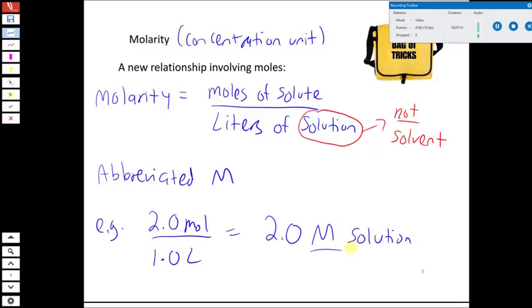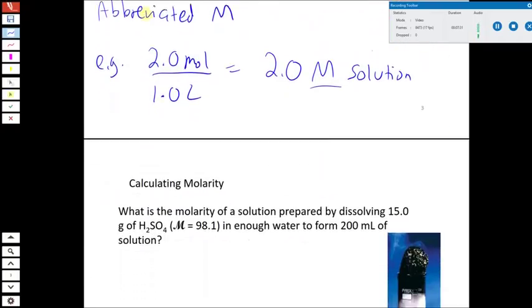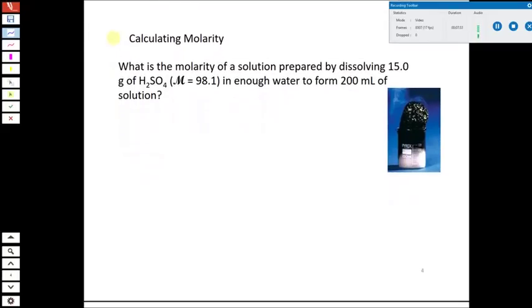So it's just a ratio of those two, moles and liters. And that's about all there is to it, but we're going to do a lot with it. So it's going to be later on a very important concept as we start doing especially stoichiometry in this chapter with aqueous solutions.